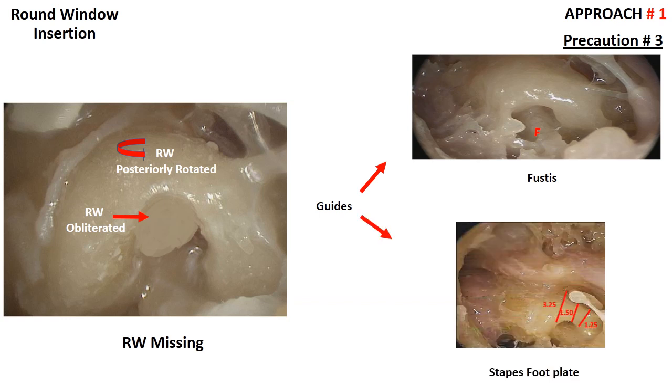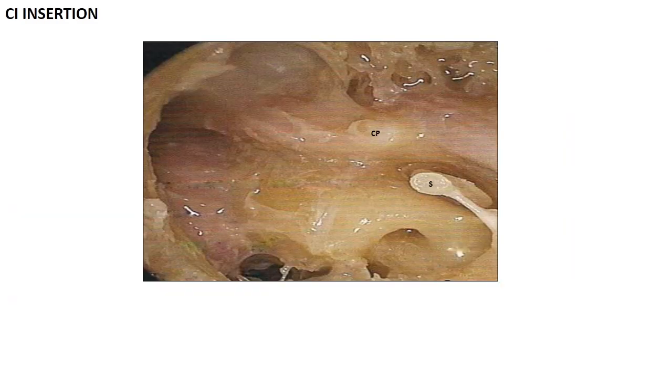Or you can have an idea about the approximate site of the round window in relation to the footplate. In the middle part of the footplate, it is around 1.5. So this finishes the first approach, which is the most commonly used approach, the round window approach.